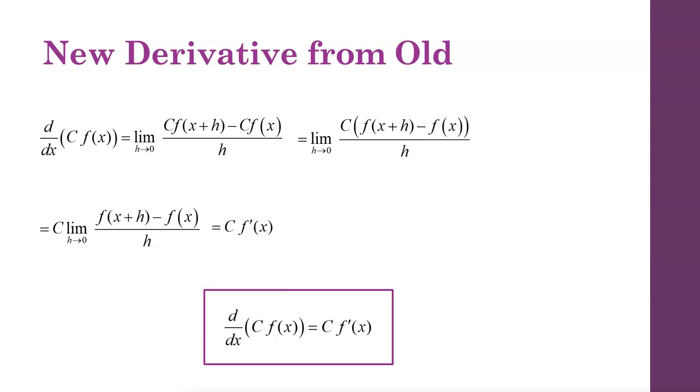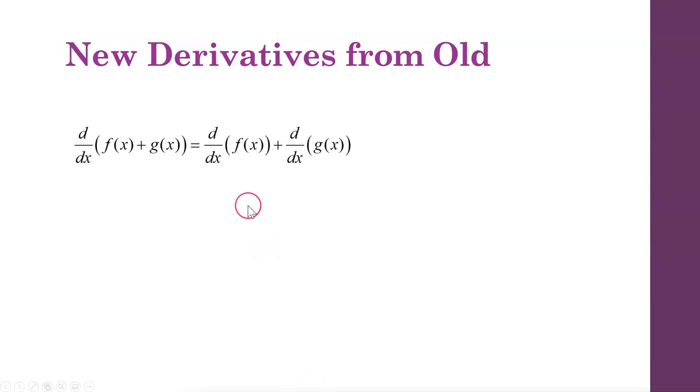Okay, so here's some other formulas. We can generalize using our limit definitions. A similar derivation could apply to them. The first one says if I'm taking a derivative of two functions added, as long as they're both differentiable, I can take the derivative of them separately and add the result.